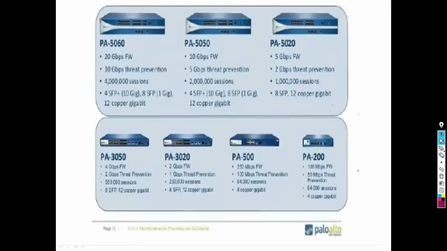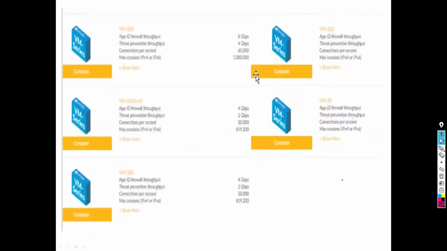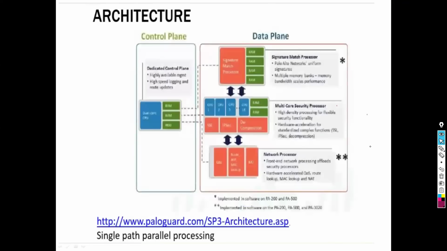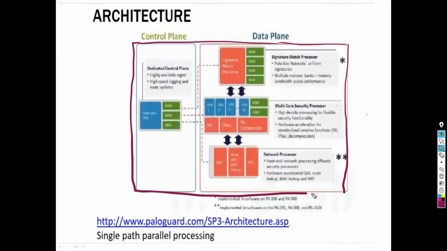Now, this is a physical appliance, everyone. This is a VM firewall box. Now let's talk about Palo Alto architecture. Palo Alto firewall architecture. This is PA200, or you can take any firewall series. This is the PA200 firewall box. So the Palo Alto firewall box is using SP3 architecture to forward the traffic from one zone to another zone, from one interface to another interface.